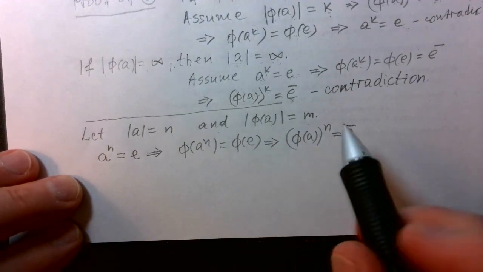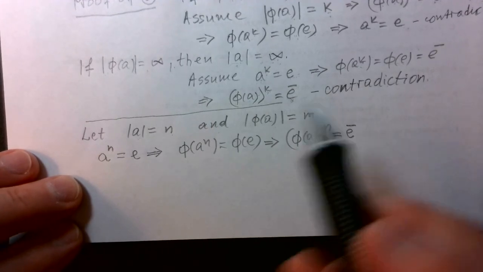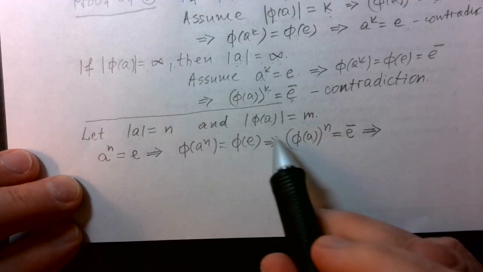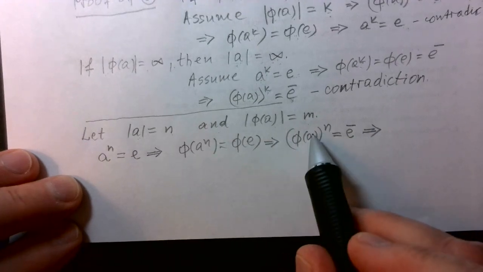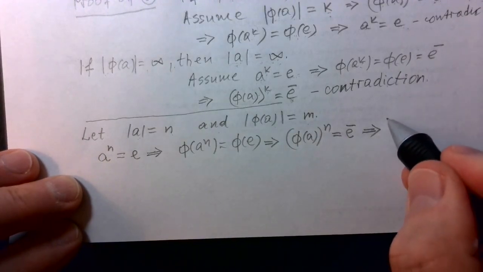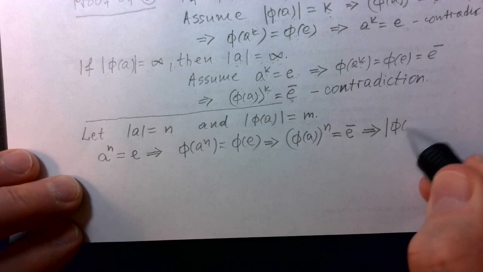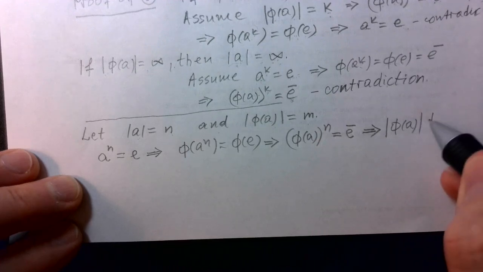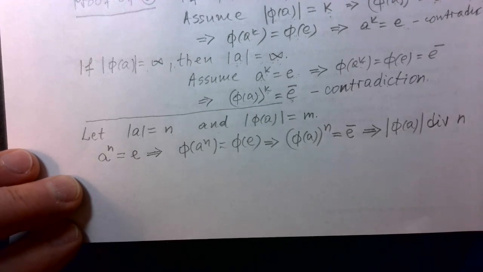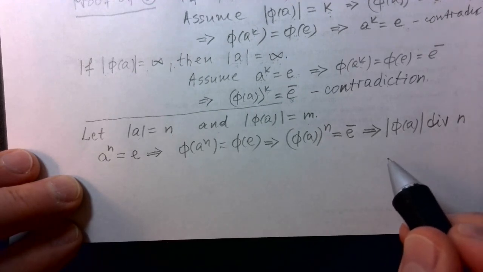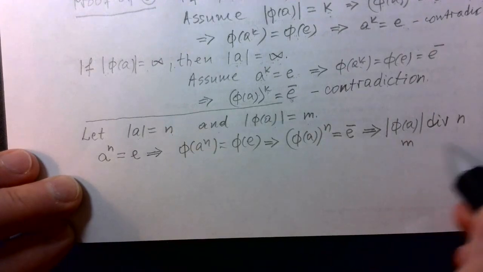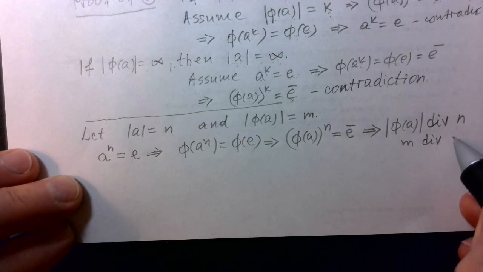This and corollary 2 implies that the order of phi of a divides n. So we prove that m divides n.